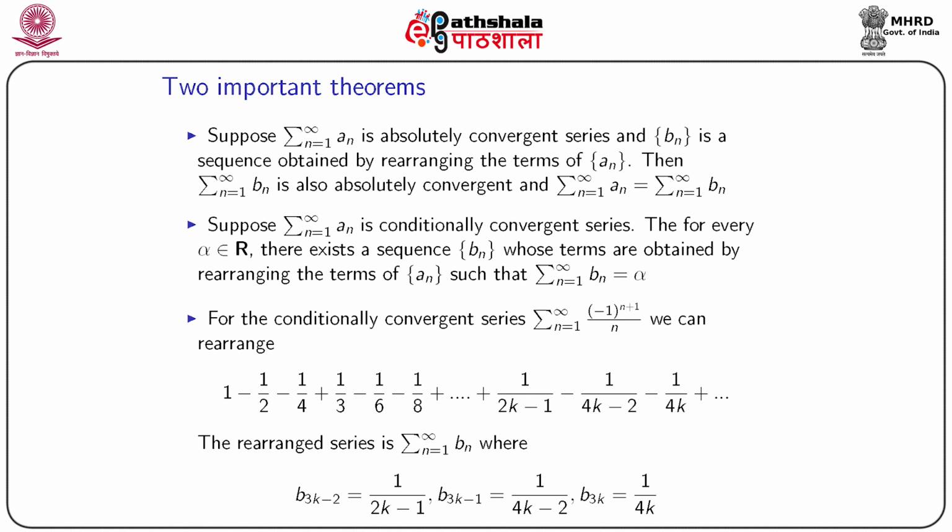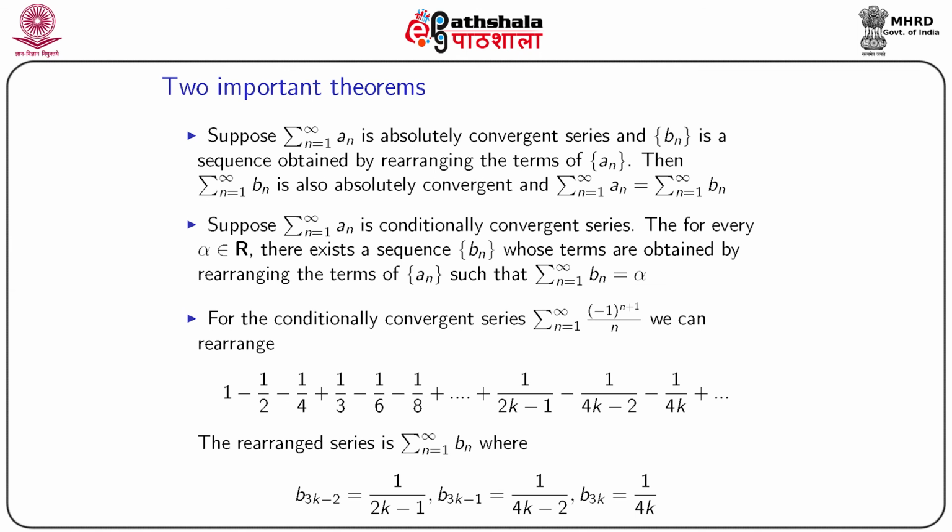Suppose sum over an from 1 to infinity is an absolutely convergent series and bn is a sequence obtained by rearranging the terms of the sequence an. So an is my previous sequence and we are making a new sequence by rearranging the terms.